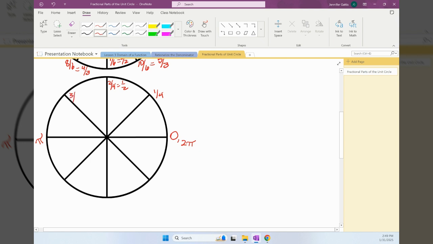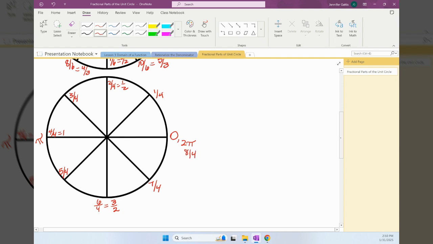Next is 3/4. The next is 4/4 or 1. Then we have 5/4. We have 6/4 or 3/2. And we have 7/4. So right now we should notice some things, and I can complete it out with 8/4.